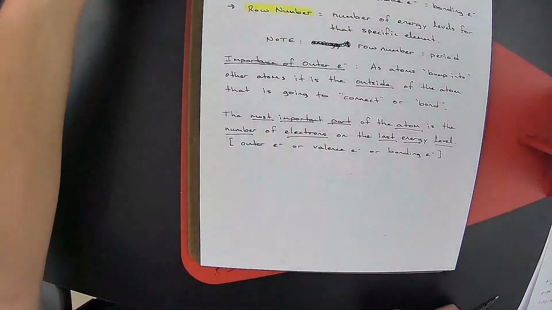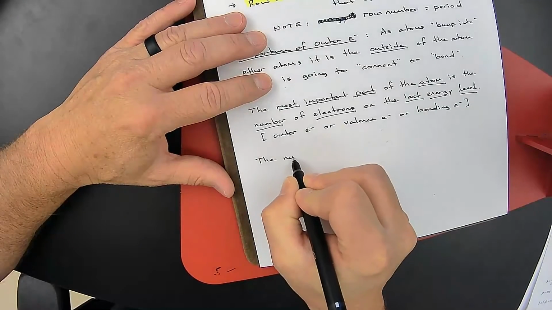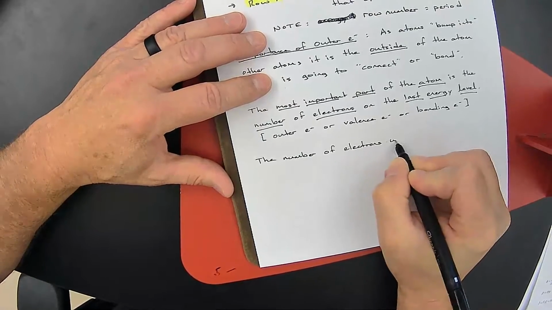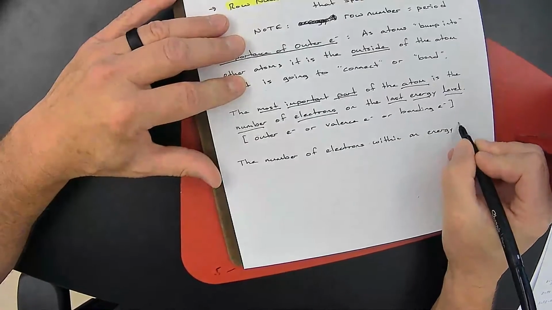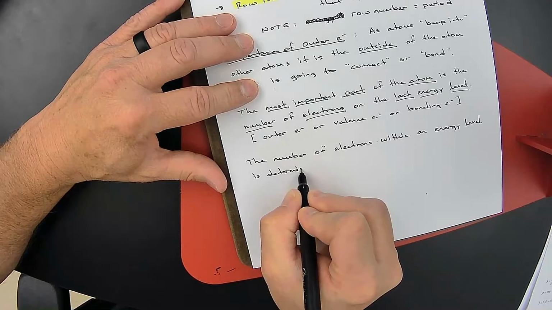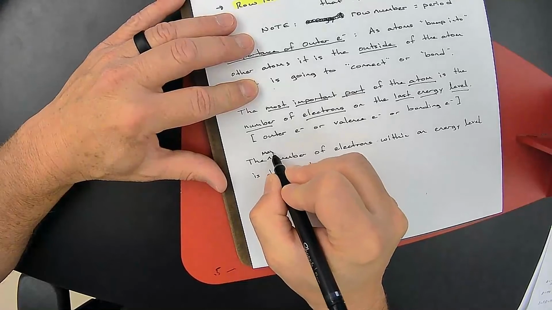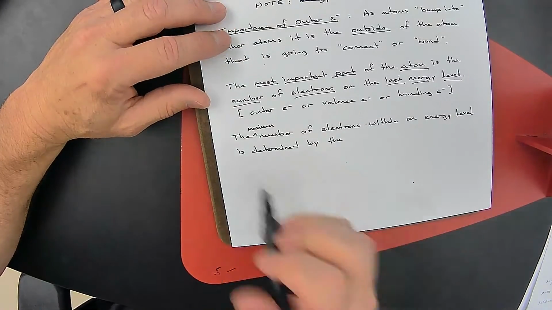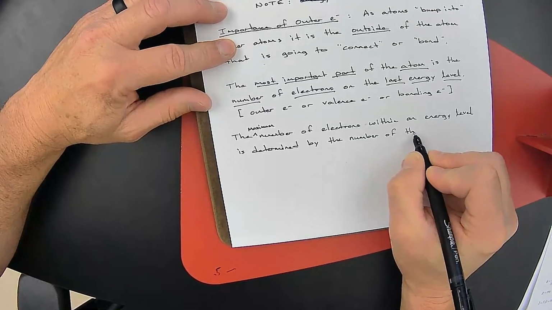Now, the next thing that I do want to point out is that the maximum number of electrons within an energy level is determined by the number of the energy level.